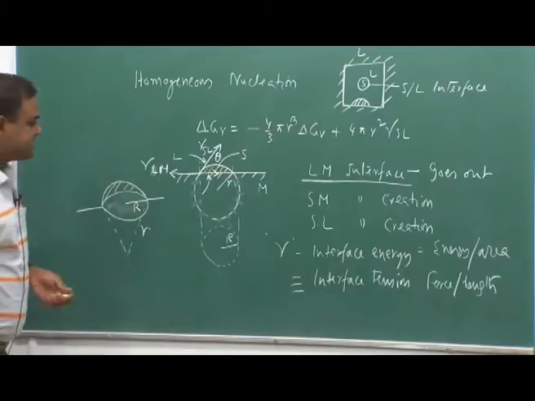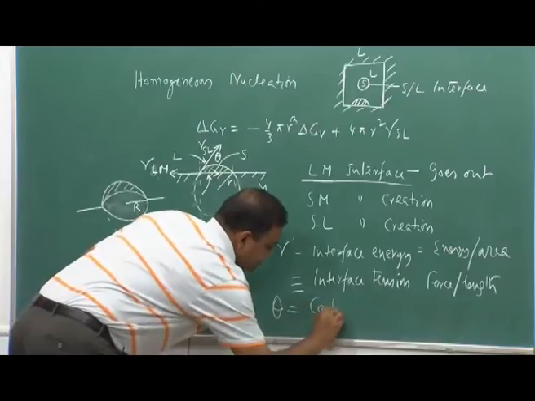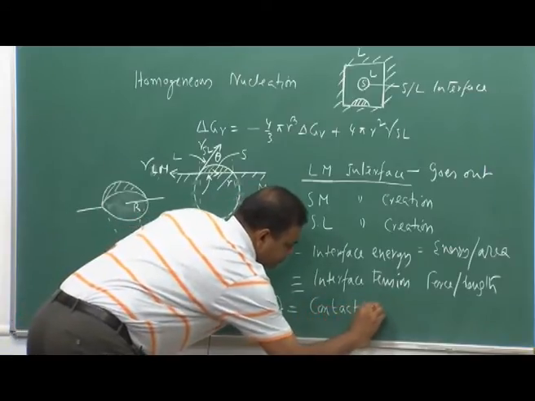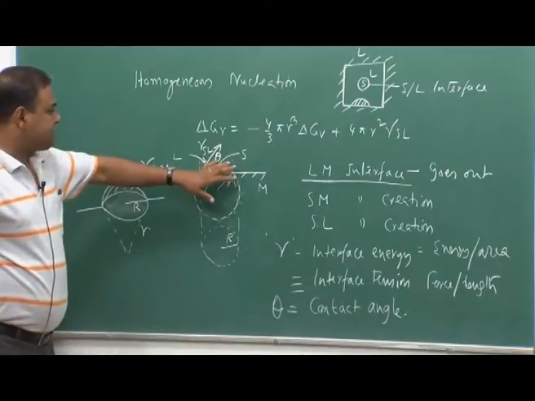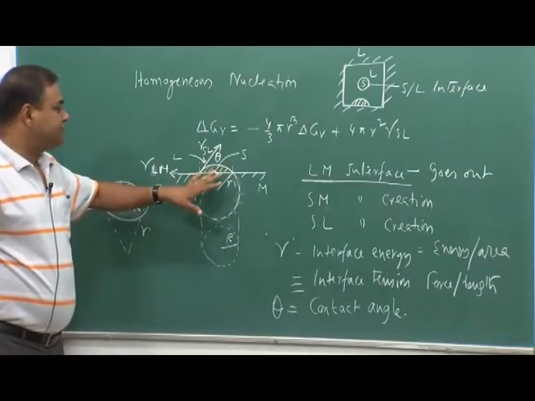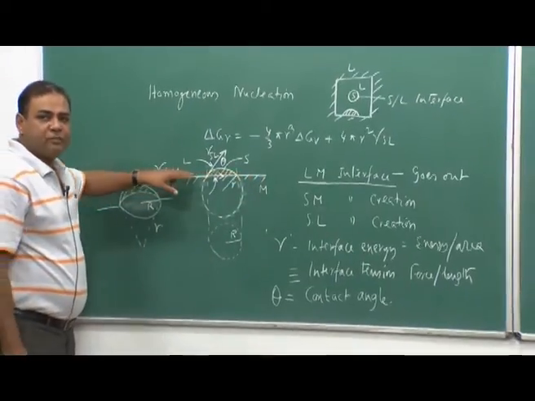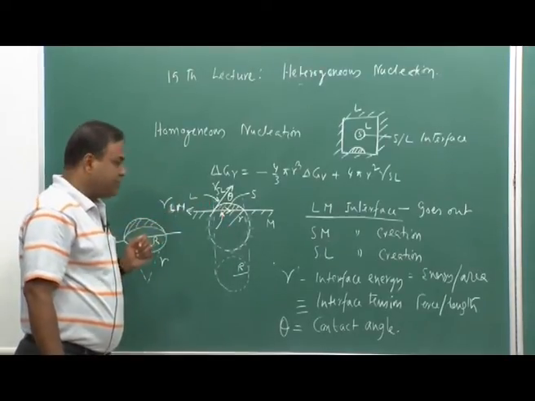This theta is called the contact angle. This contact angle will decide the effectiveness of the mold wall for precipitation.